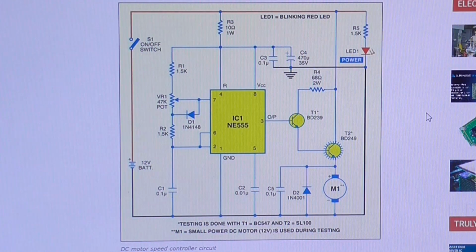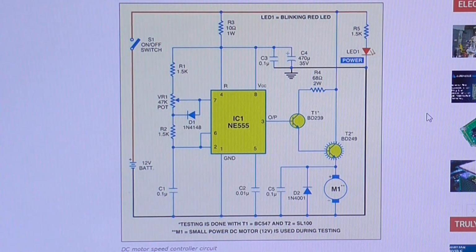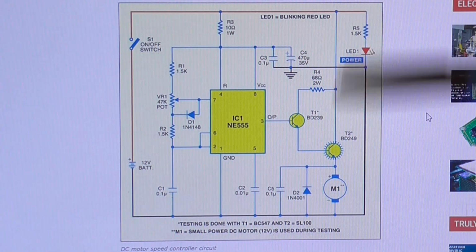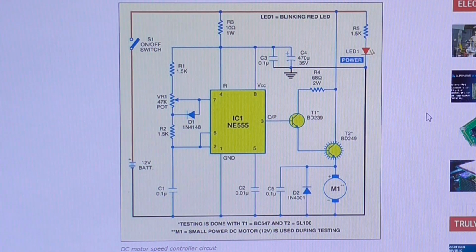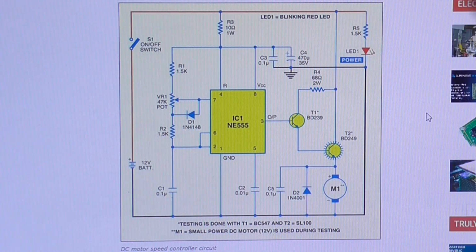Now, the circuit we're looking at, which I will link down in the description below, its original use was for controlling a wiper motor on an automobile, so you could vary the sweep rate of the windscreen wipers. But it does have other uses other than that. The way they've got this configured is in astable mode.